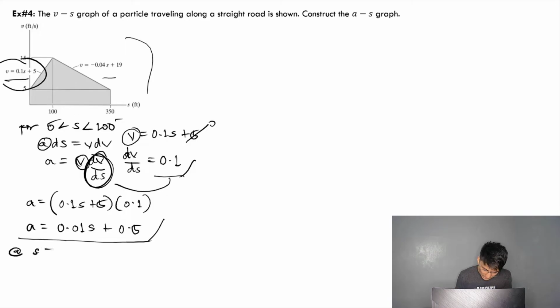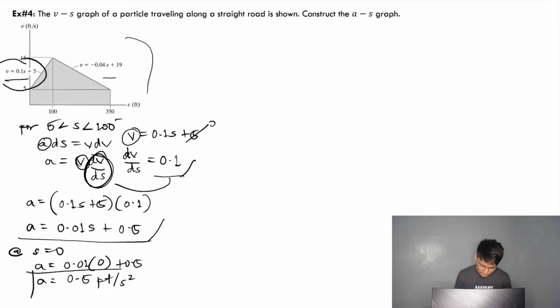At s is equal to 0, acceleration is equal to 0.01 times 0 plus 0.5. Acceleration now is equal to 0.5 feet per second square. Ito yung unang value ng acceleration natin.